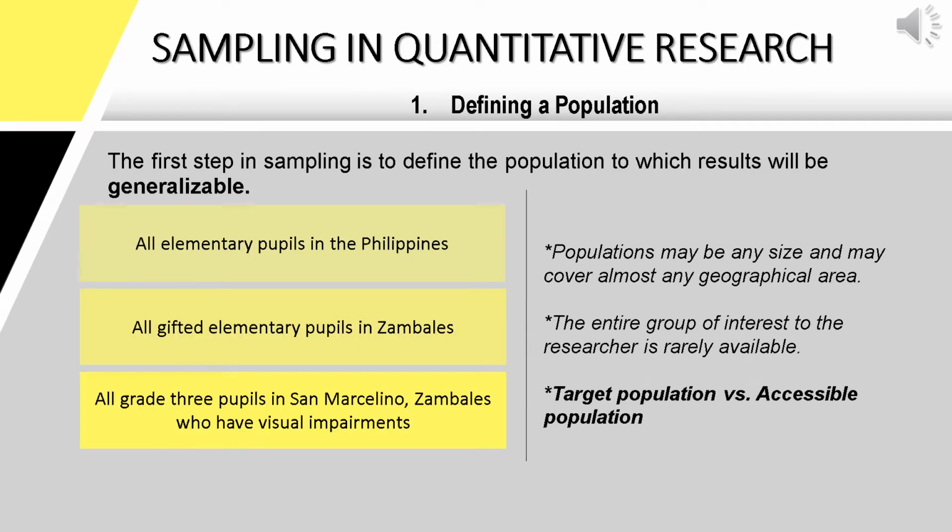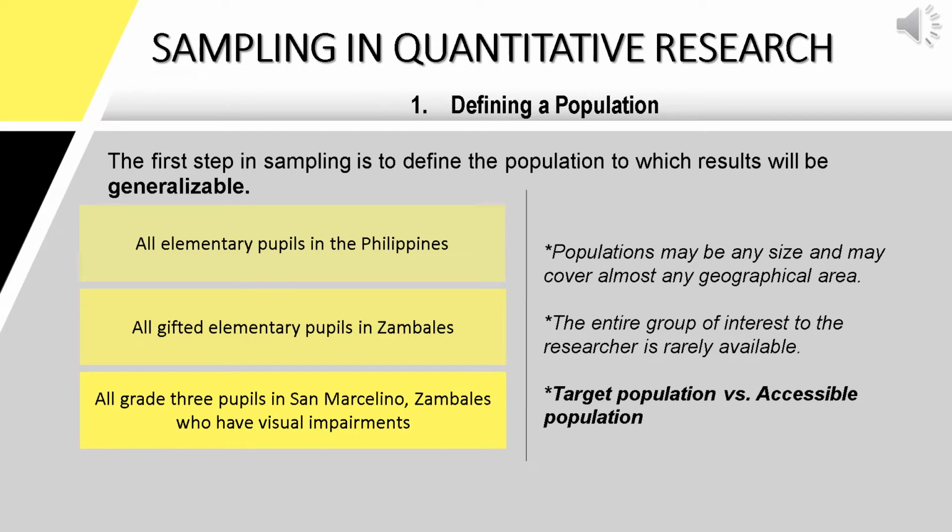Now, kanina pa natin binabanggit yung population. So, let's try to define it. So, for example, this is a population. All elementary pupils in the Philippines, di ba? All elementary. That is your subject, the elementary pupils of the Philippines. Next, all gifted elementary pupils in Zambales. All grade 3 pupils in San Marcelino, Zambales who have visual impairments.